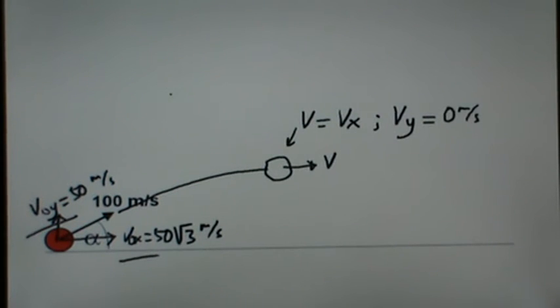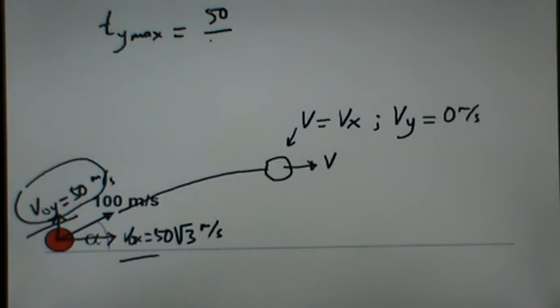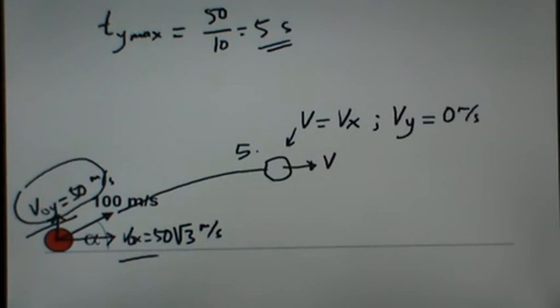Therefore we can find the time needed to go to the highest point here. If the ball has an initial velocity in the vertical direction, 50, the time to go to the highest point will be 50 divided by the gravity 10. Here we have 5 seconds. So first, the time needed to go to the highest point will be 5 seconds.